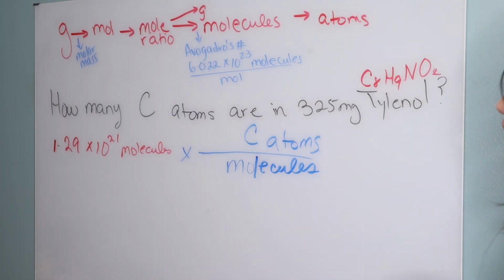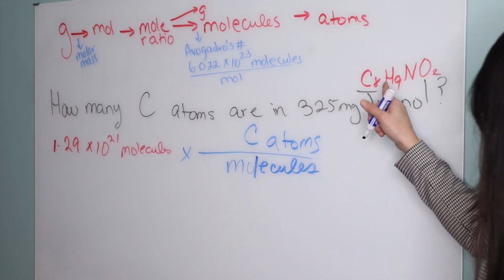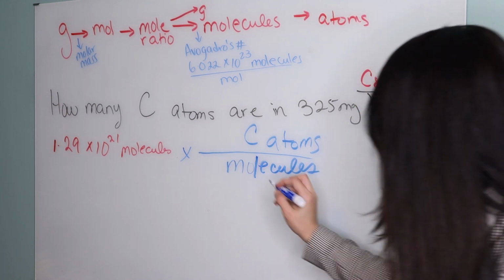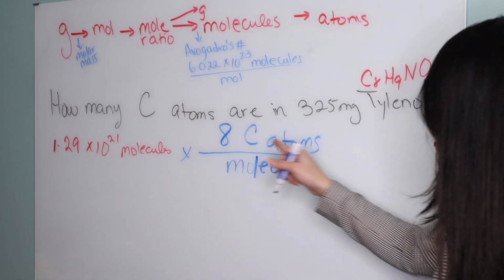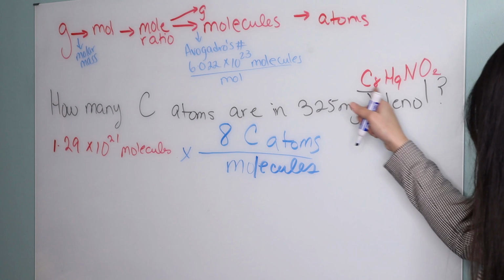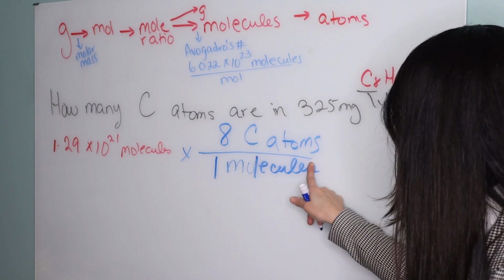Okay? And now we have to find out what number I'm going to put in here. So we have 8 carbons. So that's the number that's going to go there. And there are 8 carbons in this one molecule. So 1 molecule.